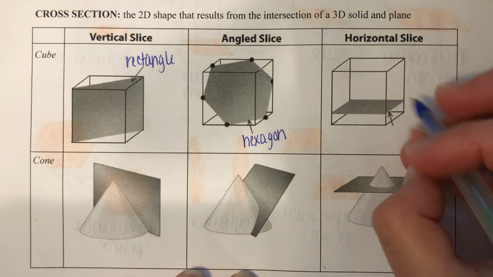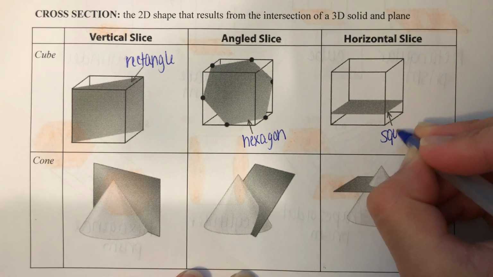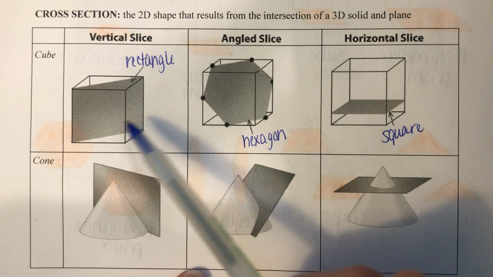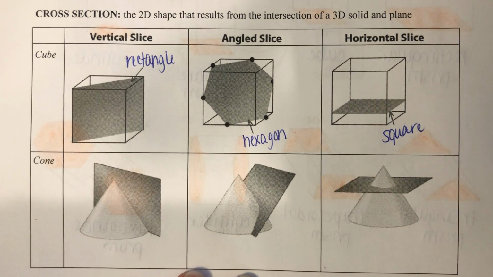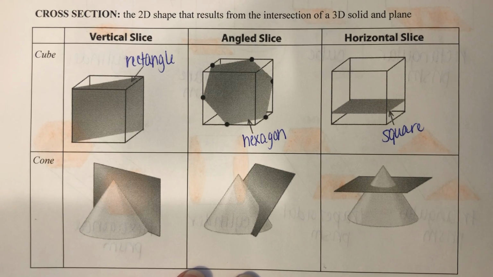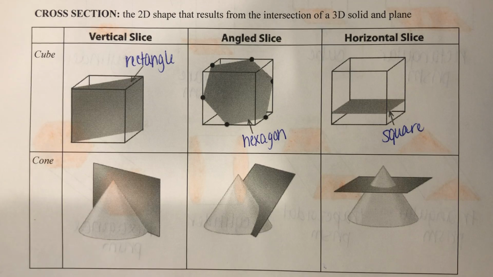So that's also a square up there. So this is the same shape that's been sliced at different angles, each producing a different cross section. Sometimes the cross sections will be the same depending on how you slice it. But that's what a cross section is.